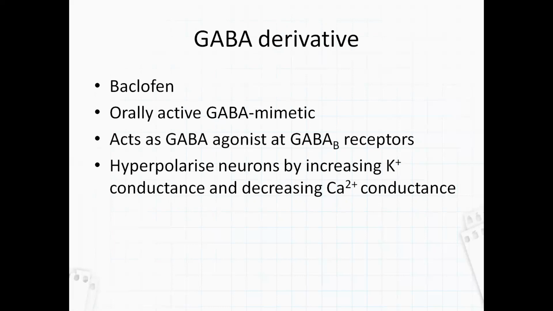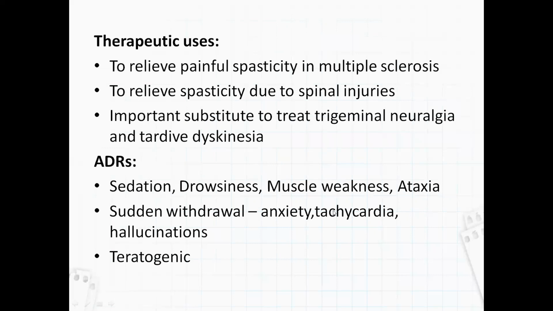That excitation-contraction coupling needs this calcium. Therapeutic uses of baclofen: it is used to relieve painful spasticity in multiple sclerosis and to relieve spasticity due to spinal injuries. And it is also used as an important substitute to treat trigeminal neuralgia and tardive dyskinesia.